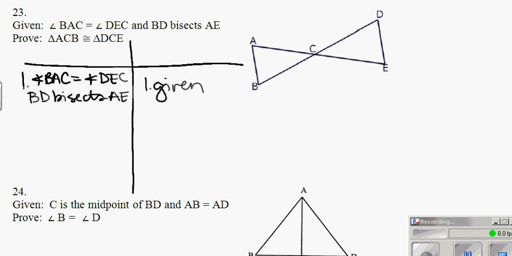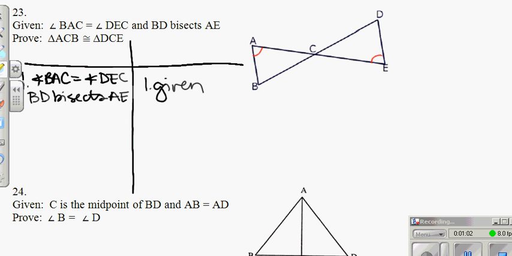Now I head over to my picture, and I'm going to mark that angle BAC and that angle DEC, and then take a look at what I have. Now I'm trying to prove triangles congruent, and I see vertical angles because I always see those in the butterfly picture. And I'm given that BD bisects AE. Now the direction of that bisector is important.